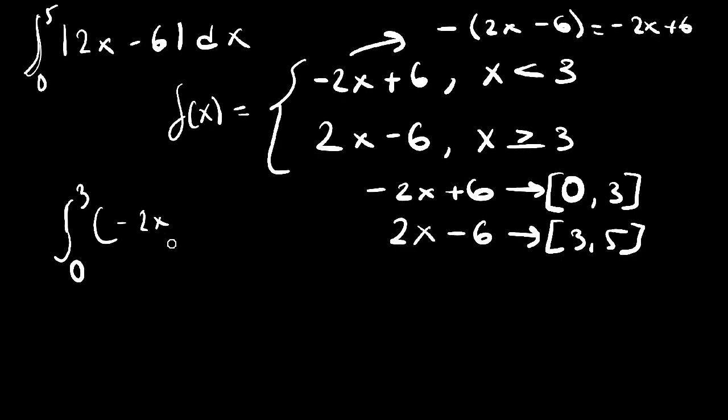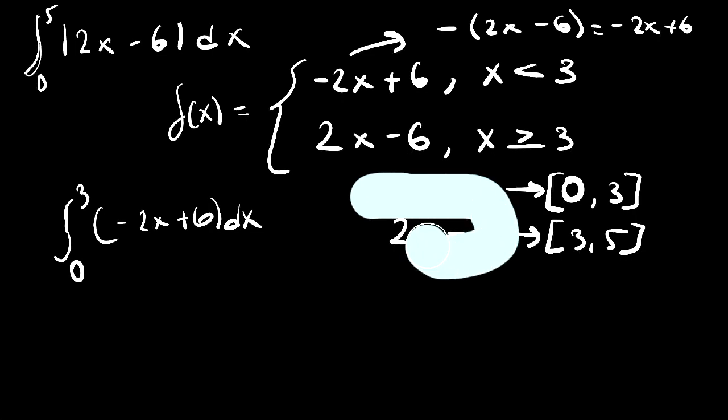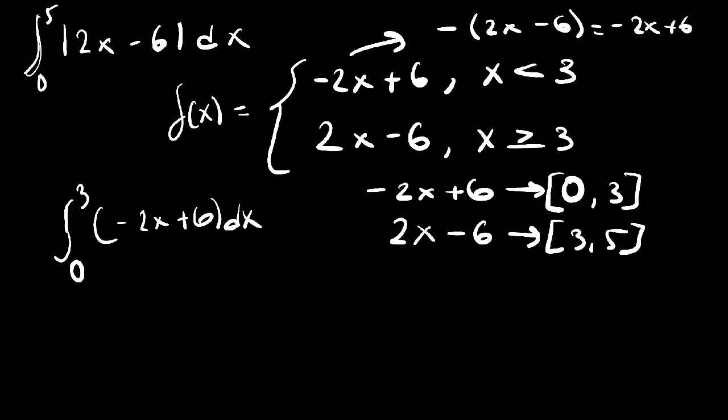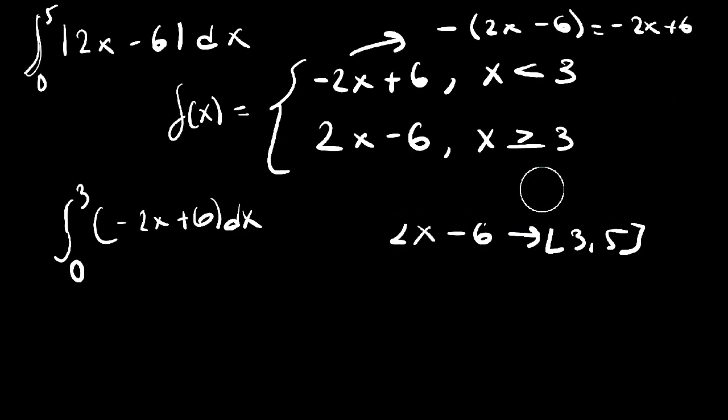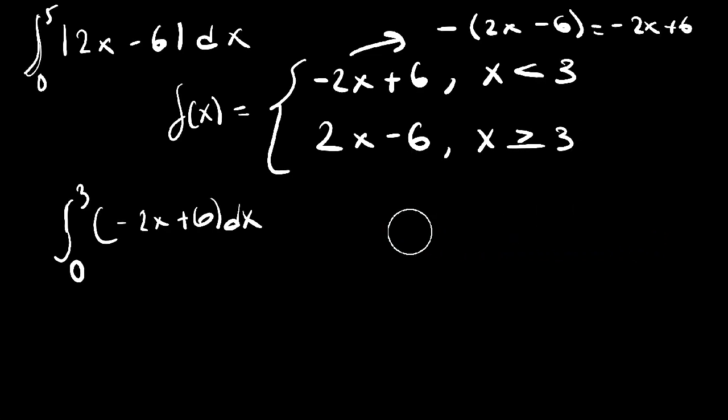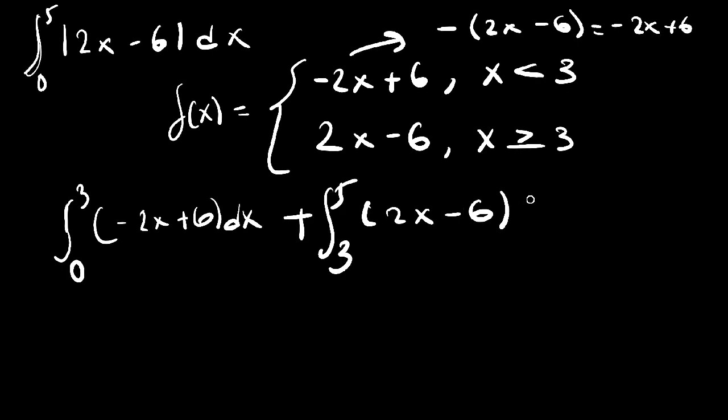So this is as simple as going from 0 to 3 of negative 2x plus 6 dx, and then from 3 to 5, as you can see, where x is greater than or equal to 3, we do 2x minus 6 dx.